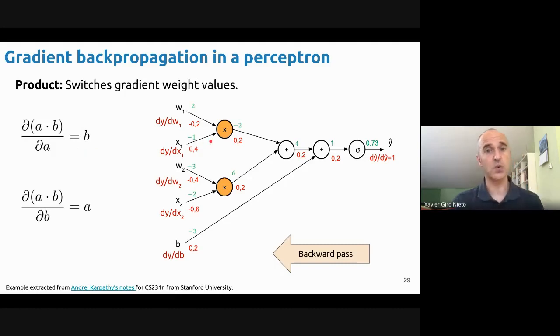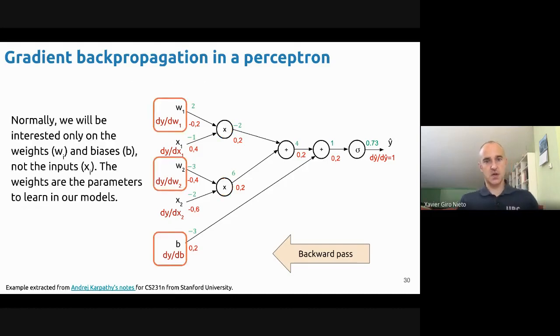And remember that what we always need to do is multiply the partial derivative by the gradient. So I have the 2 multiplied by the 0.2, and this is why I have a gradient of 0.4. And if we do the opposite, it works as well. You have the 0.2 multiplied by the -1. This is the gradient that goes through this other branch. You can later, if you want, take a look at the rest of the branches, but I'm pretty confident that everything is well computed.